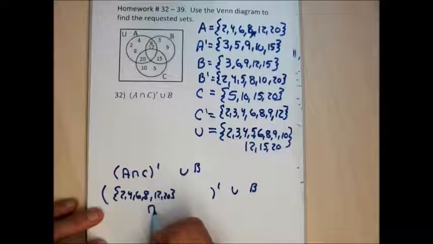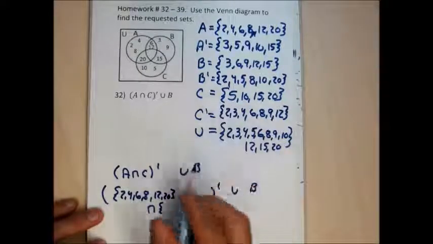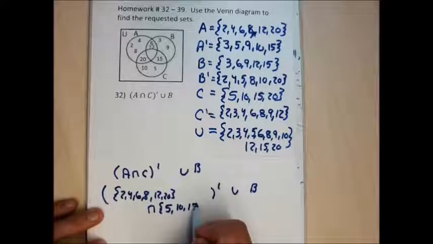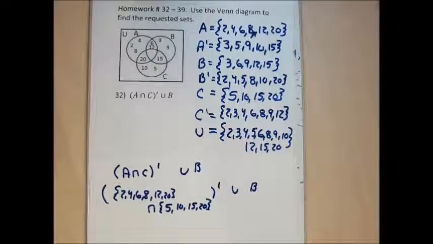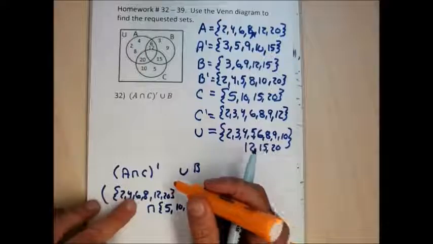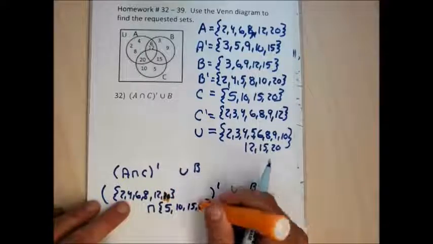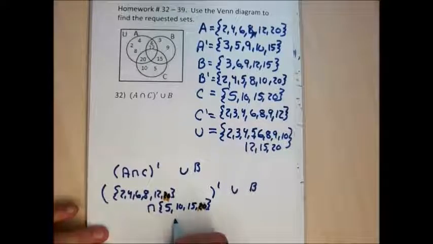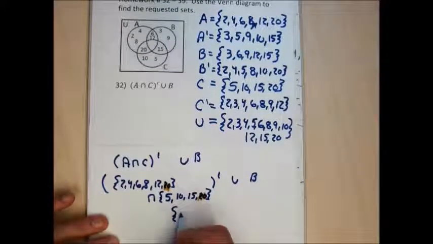And then the intersection symbol, and in place of C, the set containing 5, 10, 15, and 20. When I intersect, I find out what those sets have in common. And what those sets have in common, I think, is just the number 20. So A intersection C is going to be replaced with the set that only contains the number 20.